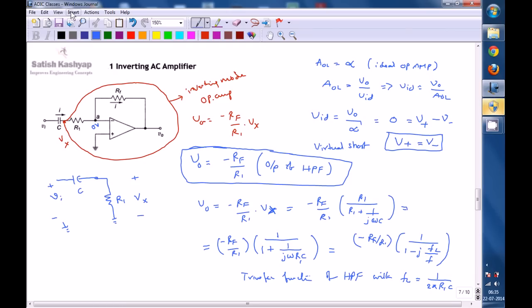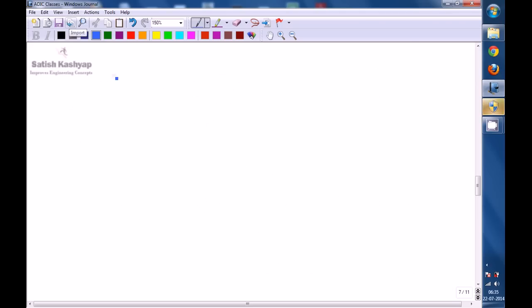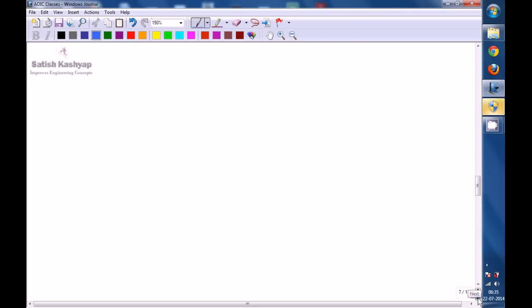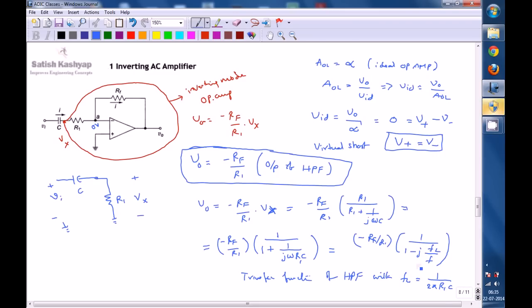So we can also see this with the help of gain. This is the gain, AV, the voltage gain.